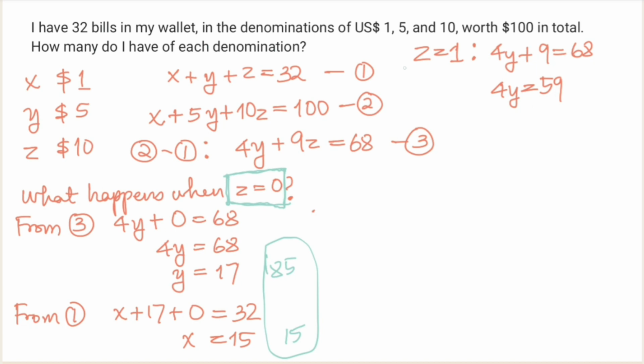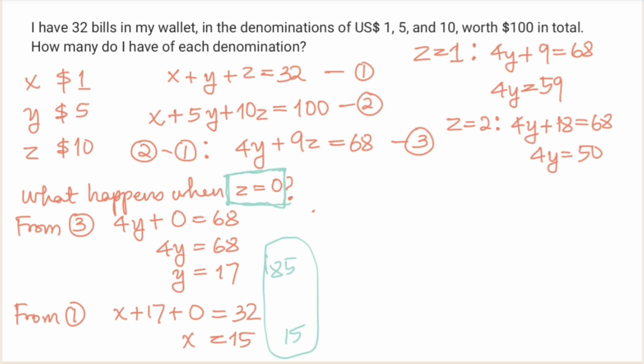So z equals 1 is out. What about z equals 2? When z equals 2, we have 4y plus 9z, so 4y plus 18 equals 68. That means that 4y equals 50. But here again, 50 is not a multiple of 4. So we cannot solve this. We're not going to get an integer value for y. So we cannot use z equals 2.